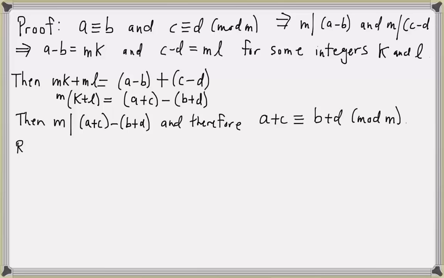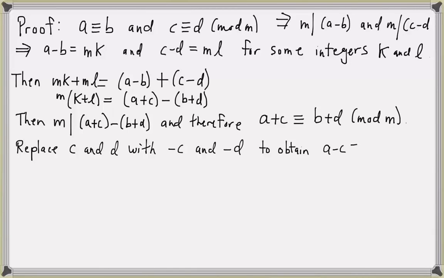So replace C and D with negative C and negative D above, which are still integers, to obtain A minus C is congruent to B minus D mod M. And the last statement we want to prove is that A times C is congruent to B times D mod M.